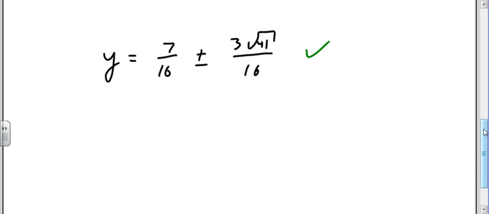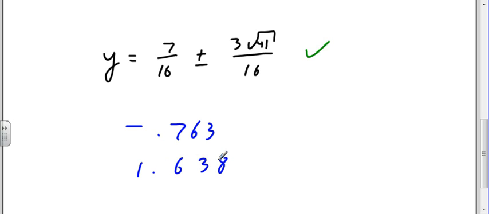Minus 7. Did I even do the right problem? Yeah. Minus 10. I don't even remember that being the right problem. Anyway, so the calculator says it's minus 0.763 and it's 1.638. All right.